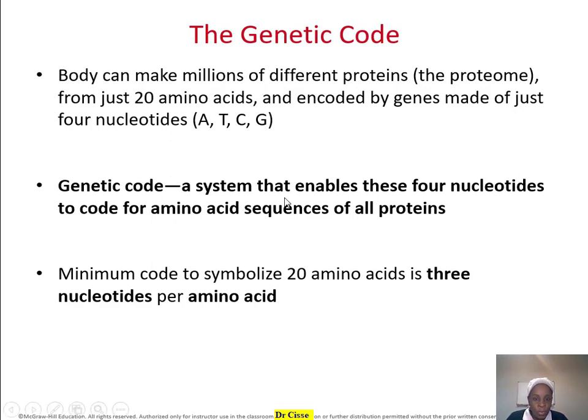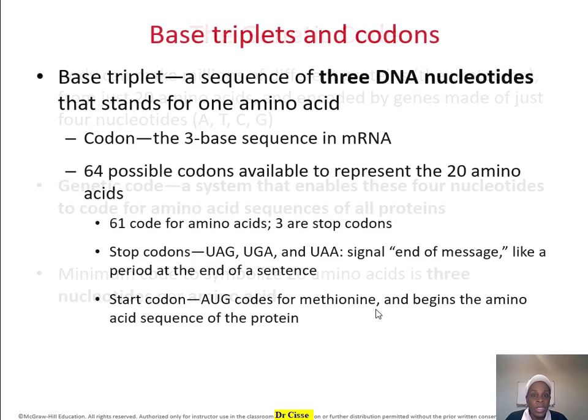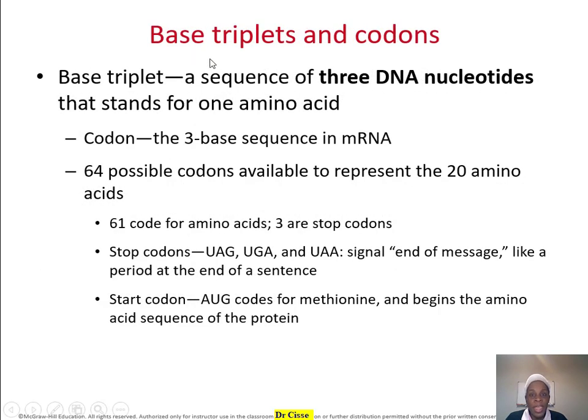What is genetic code? A system that enables these 4 nucleotides to code for amino acid sequence of all proteins. So only 20 amino acid in 3 nucleotides per amino acid. Each amino acid is 3 nucleotides. We call them base triplet, right? Now, the base triplet is the sequence of 3 DNA nucleotides that stand for 1 amino acid, right?